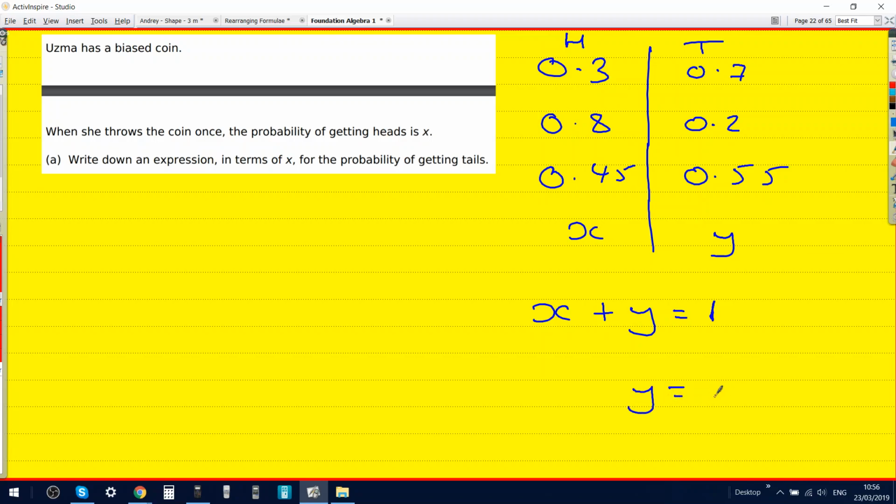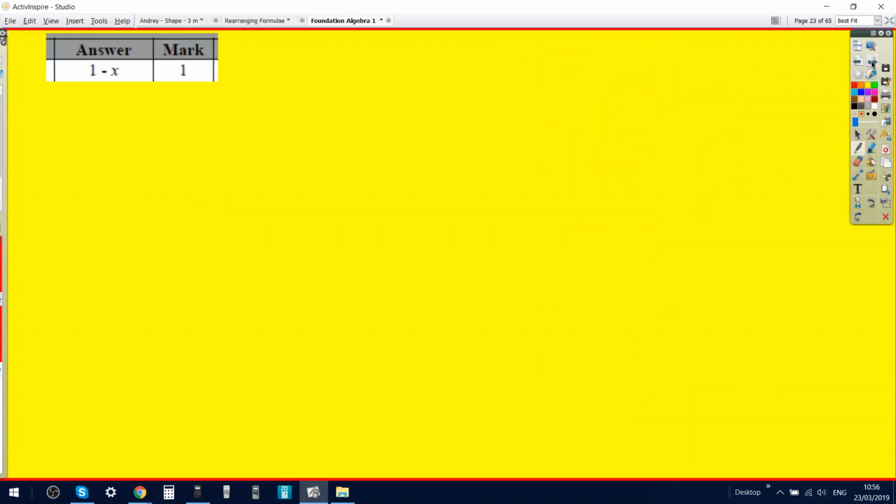Is Y equal to 0? No. Rearrange. It is equal to 1 minus X. Yes. So that's what you're doing. 1 minus 0.3 to get 0.7. 1 minus 0.8. 1 minus 0.45.